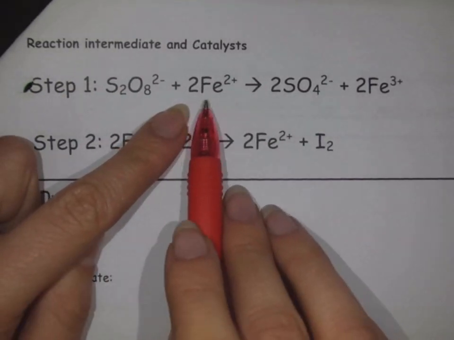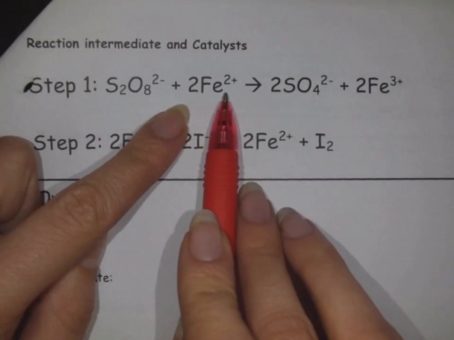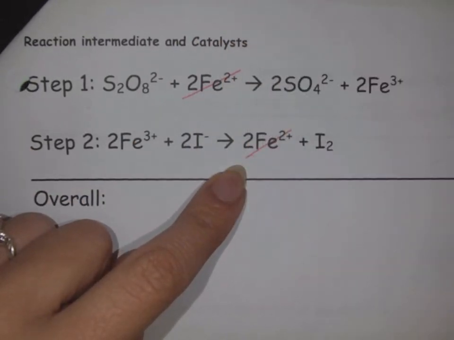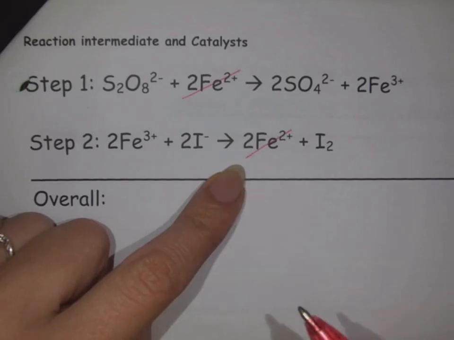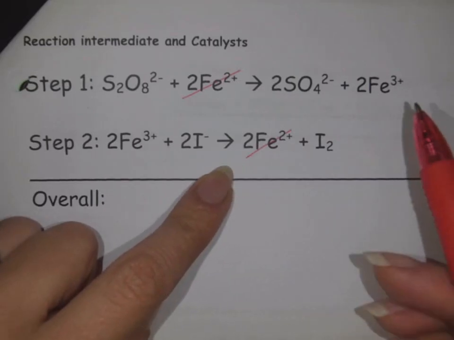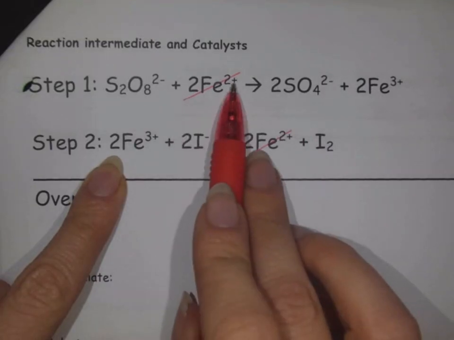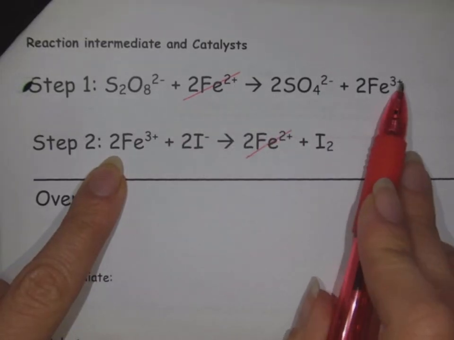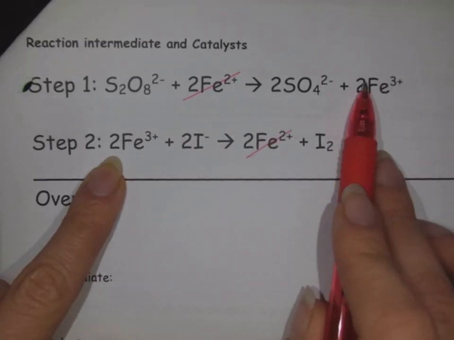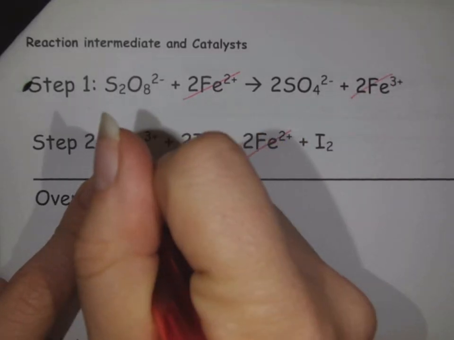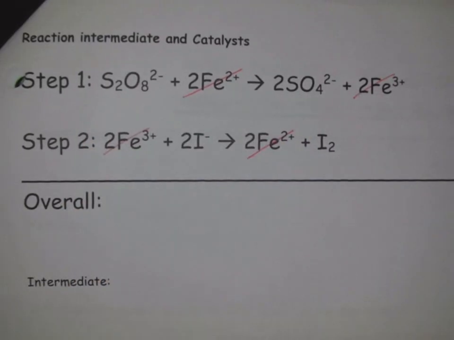Do you see how we have the two iron ions? That's going to cancel right there. And let's see if anything else cancels. Oh, this does. We had iron 2, and then we have an iron 3, right?